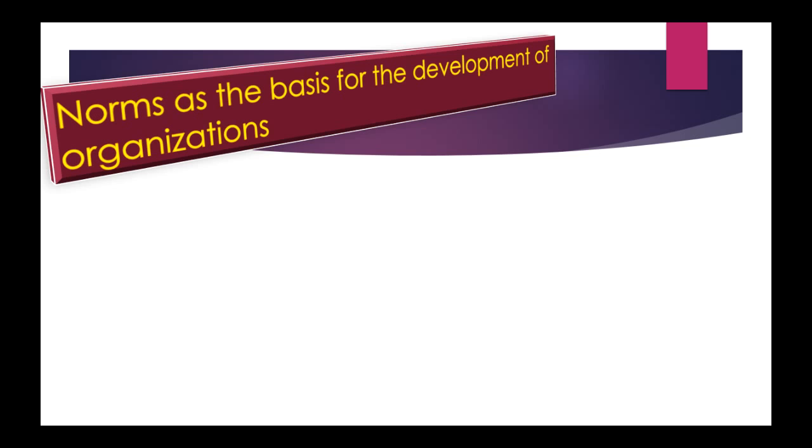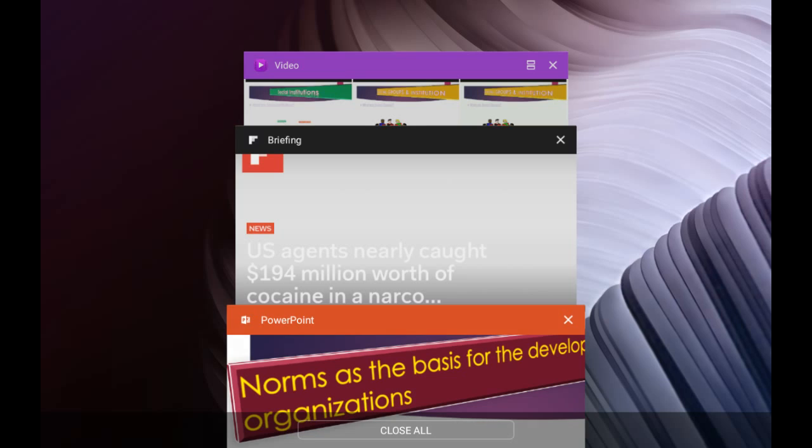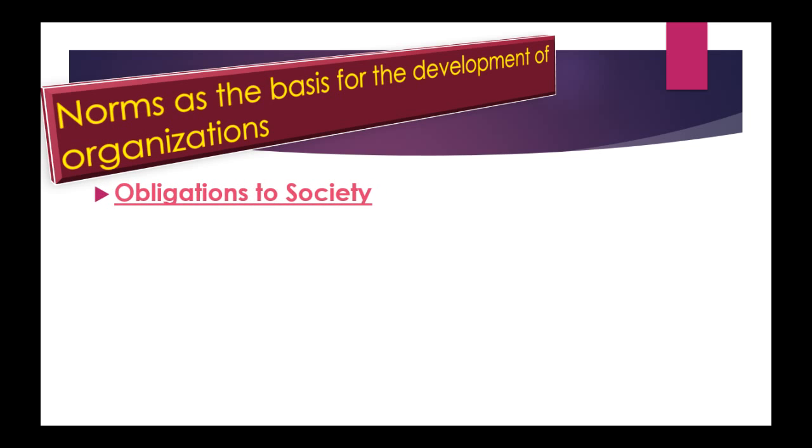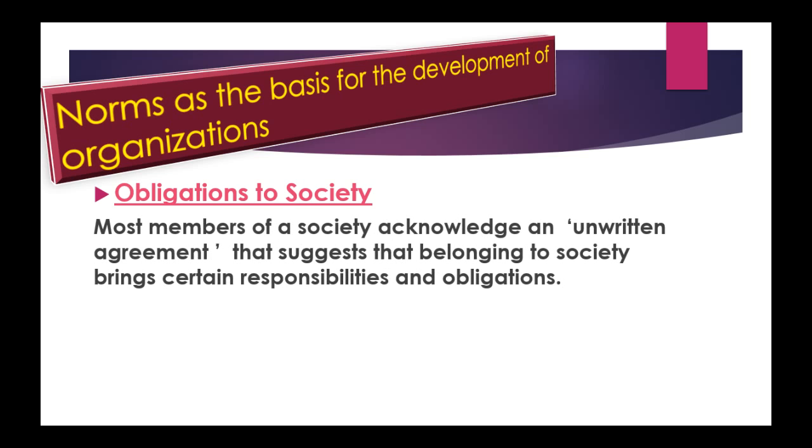So what is that really? Obligations to society. Now, most members of a society acknowledge an unwritten agreement that suggests that belonging to society brings certain responsibilities and obligations. Now, what do I mean by that?